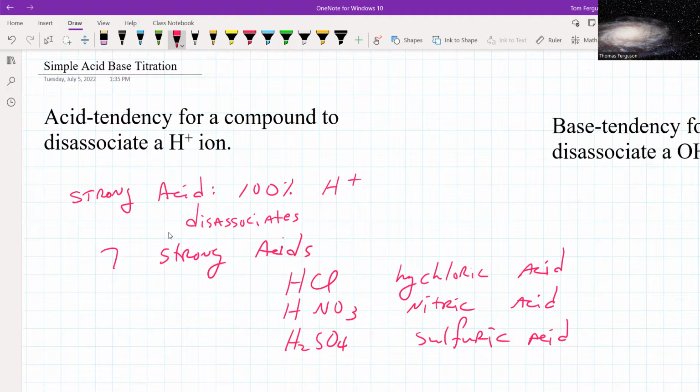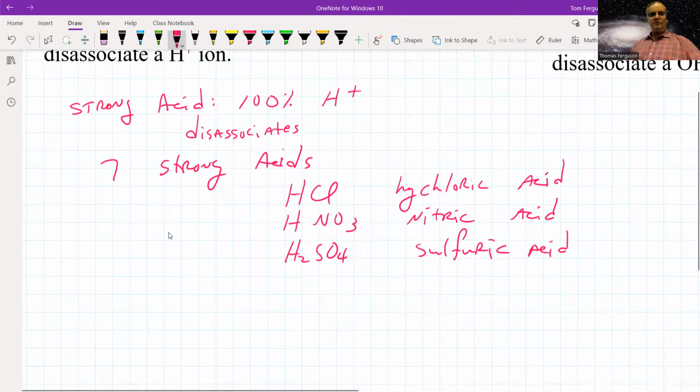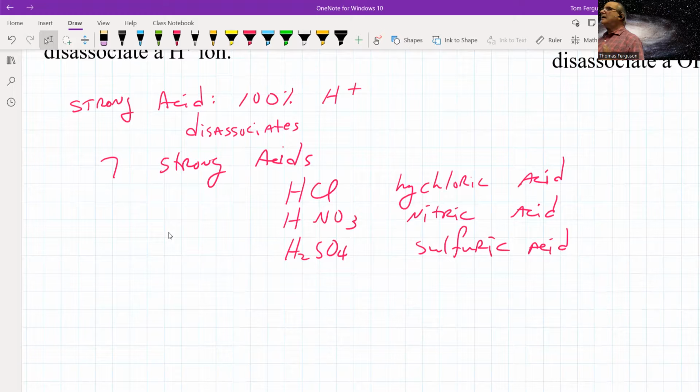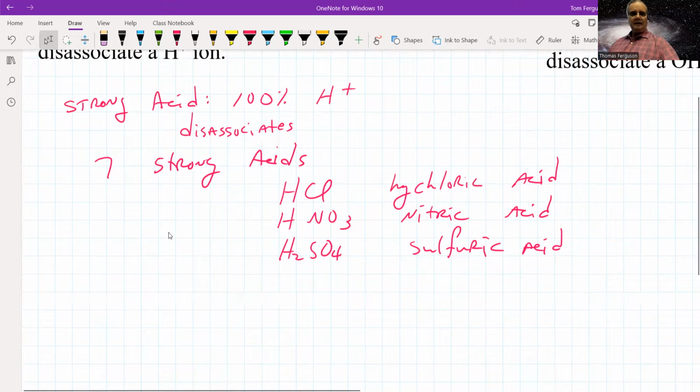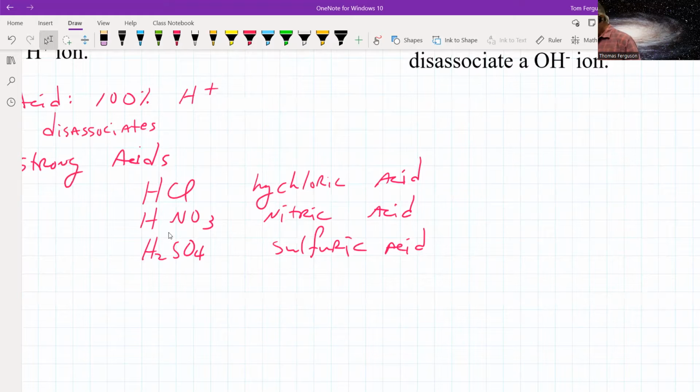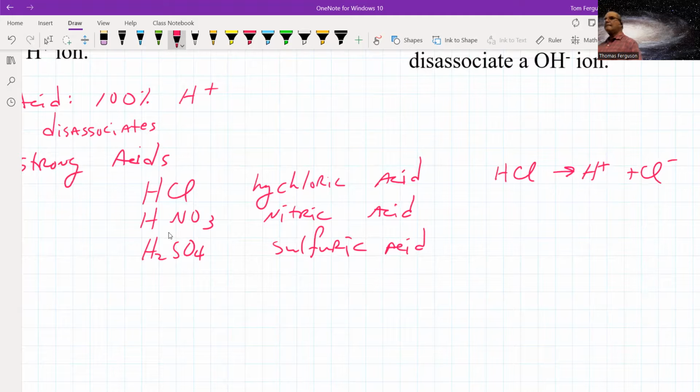Now, the thing about acids, both weak and strong, is sometimes they have multiple protons that can come off. Hydrochloric acid has one proton that can dissociate.